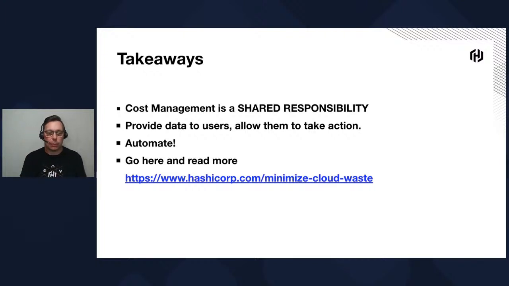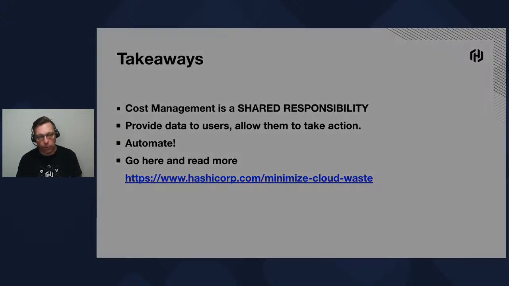Obviously, go and look at some of the resources that AWS also provides in that shared responsibility. Leverage automation. Automation will help you get control of your cloud waste and integrate governance and compliance into your process.